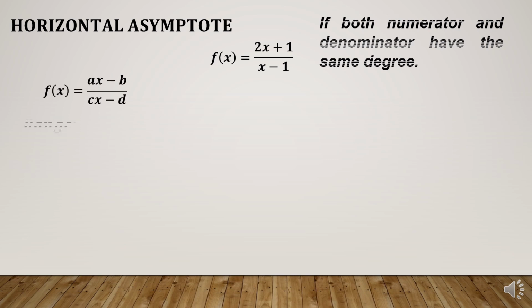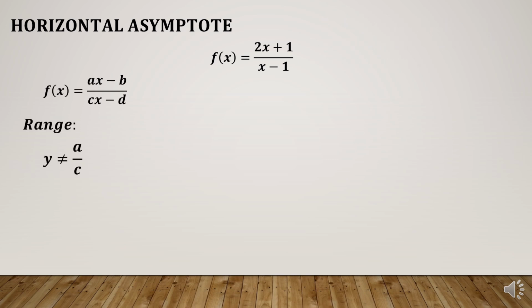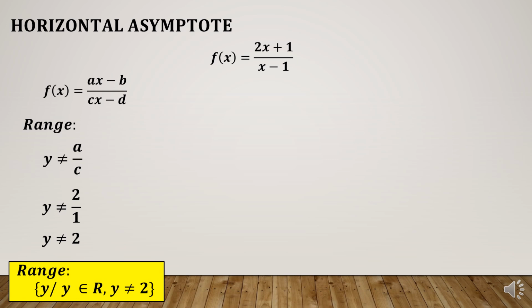The range is the set of y in which y is not equal to a over c, where a is the leading coefficient of the numerator and c is the leading coefficient of the denominator. Then substitute the values of a and c. So we have y is not equal to 2 over 1, or y is not equal to 2. Therefore, the range is the set of y such that y is an element of the real numbers but y is not equal to 2.